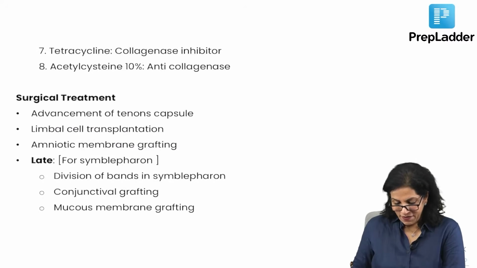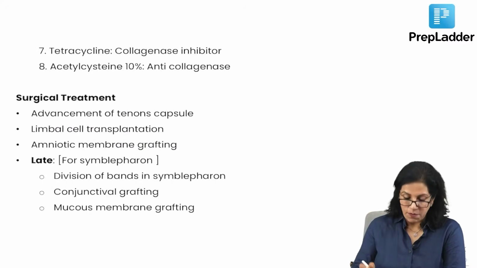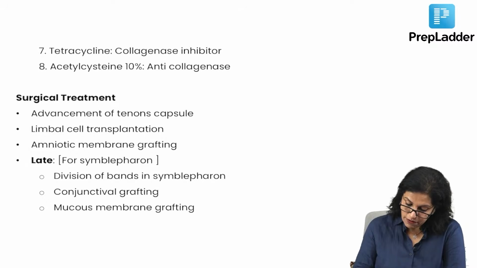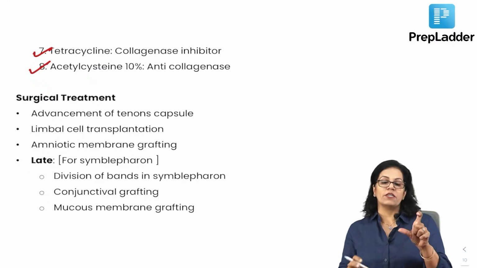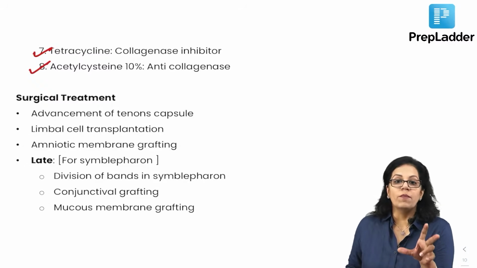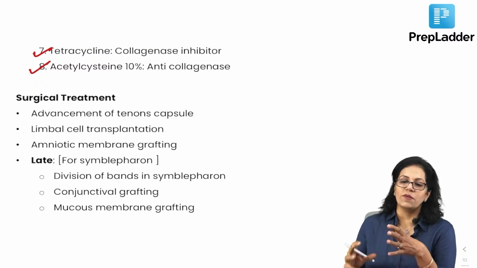Okay, let's finish the topic here: what else you give. You have learned with me already that in chemical injury, collagenase inhibitors like acetylcysteine and tetracycline can also be used. But don't forget how long steroids are used. Second point is about citrate. And of course, copious irrigation.